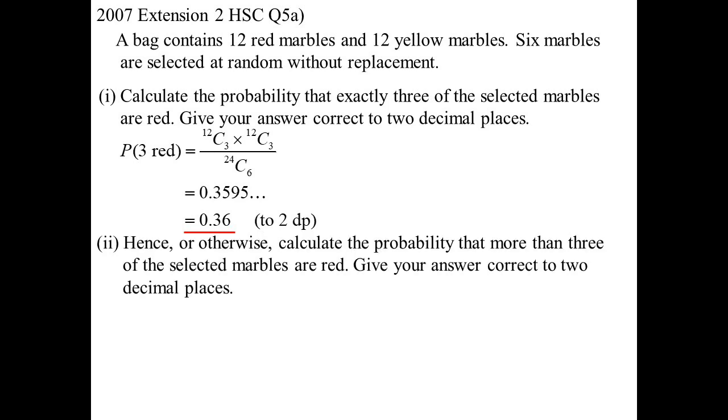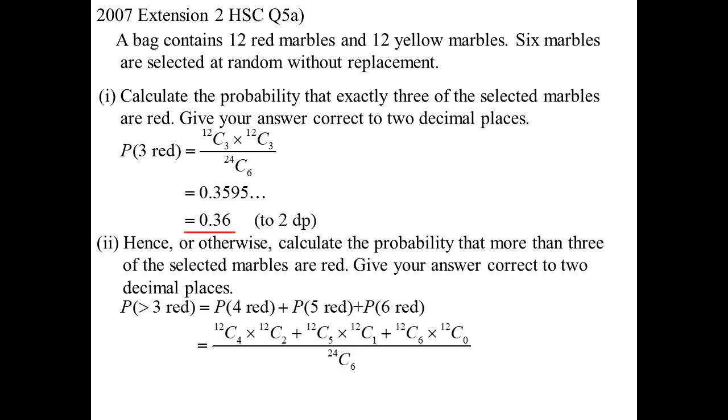Hence or otherwise, calculate the probability that more than 3 of the selected marbles are red, giving our answer correct to 2 decimal places. Well, more than 3, so it'd be 4 red, 5 red, or 6 red. So 4 red, 12C4, which means 2 yellow, 12C2, plus 5 red, 12C5, 1 yellow, 12C1, plus 6 red, 12C6, and none yellow, 12C0, over 24C6.